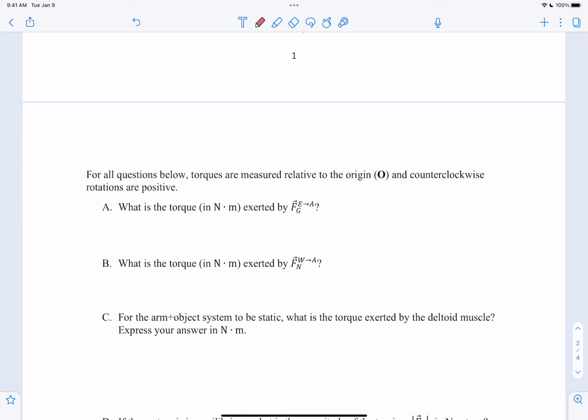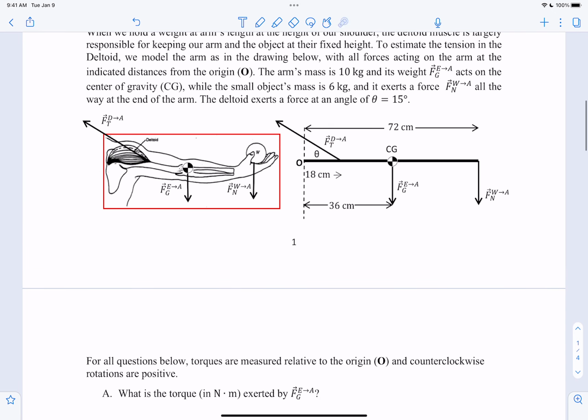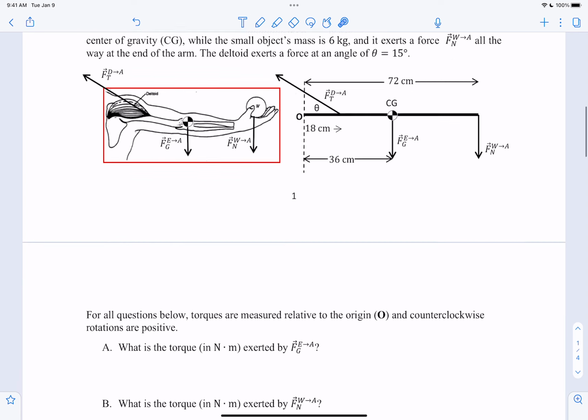So counterclockwise is positive, clockwise is negative. So what is the torque in newton meters exerted by Fg Earth on arm? Fg Earth on arm should just be the weight of the arm. The arm has a certain weight, it exerts a certain torque, and that's what we're trying to figure out.